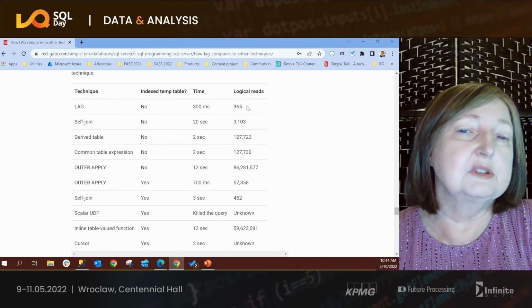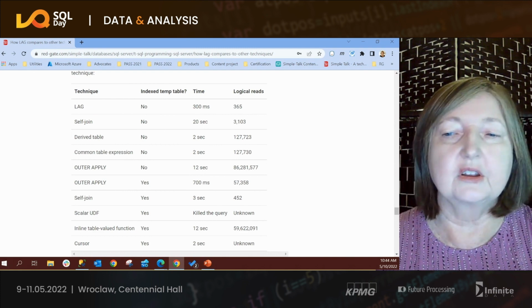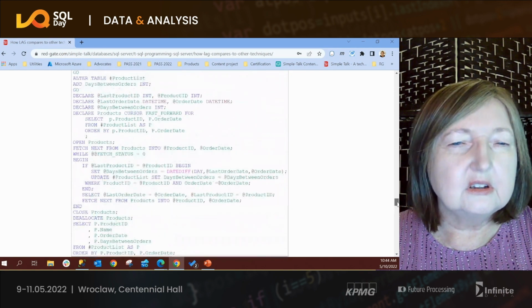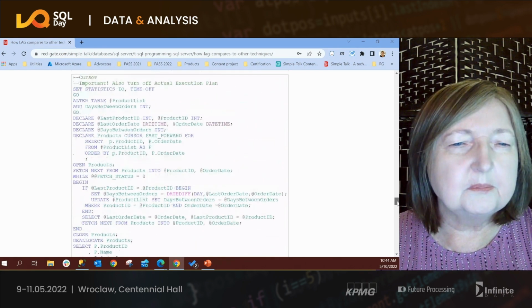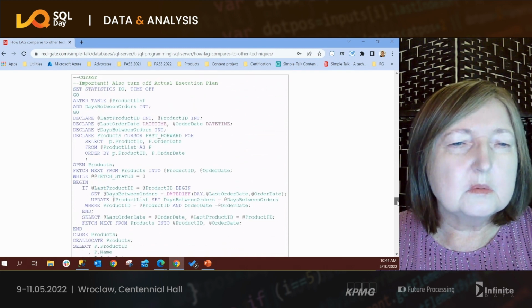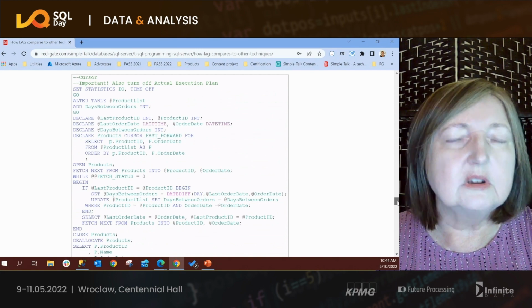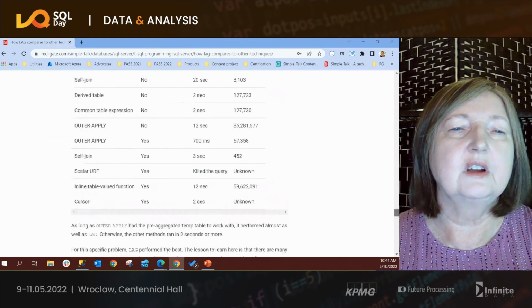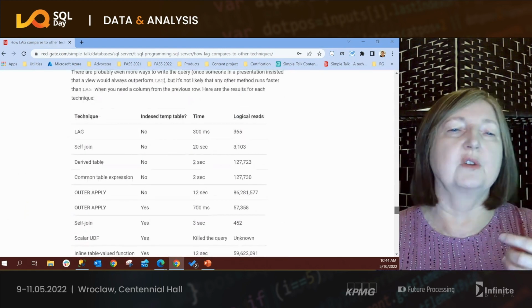It was a big table, I think. Let's see, what was it? Maybe it wasn't. I can't remember, but you can go out and look at the article for yourself.